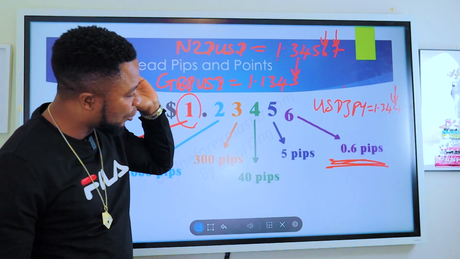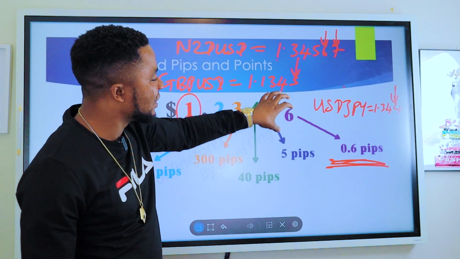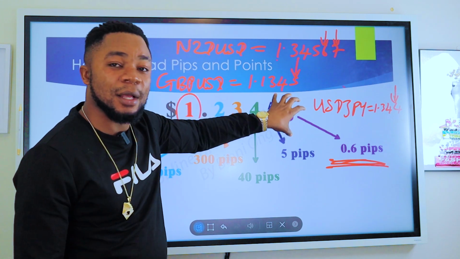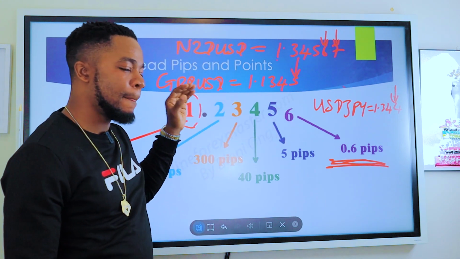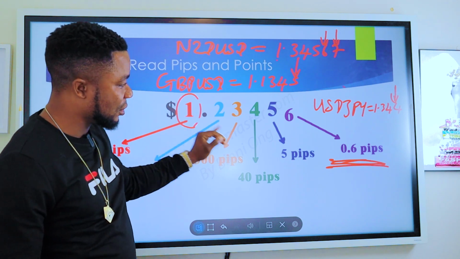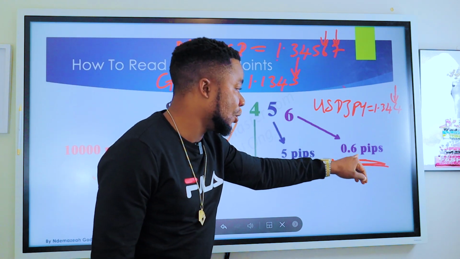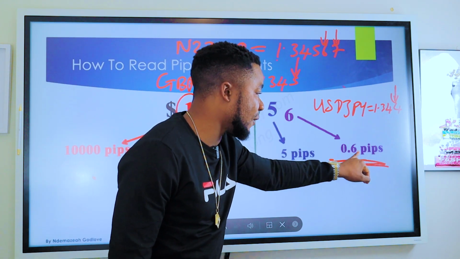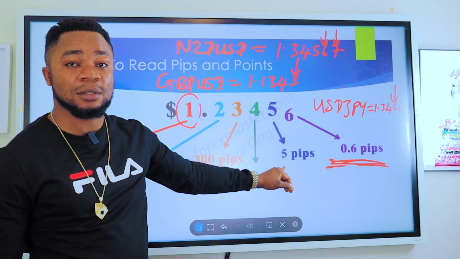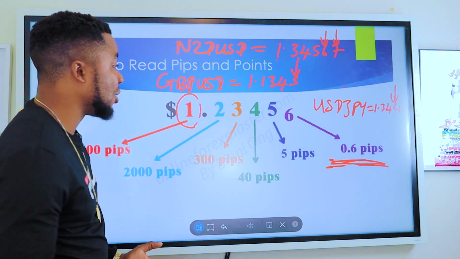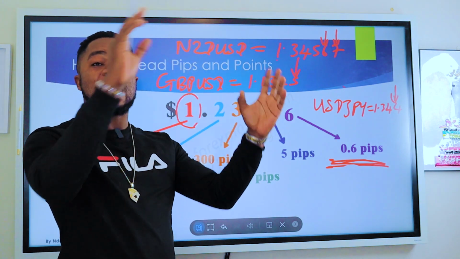So what you have to understand is these last 2 digits. If the currency pair has 5 decimal places after the first digit, the last one becomes a point, and to get the pips from that point, you divide by 10. And the second to the last becomes the pips. That's what I've been explaining. This is a generalized statement.